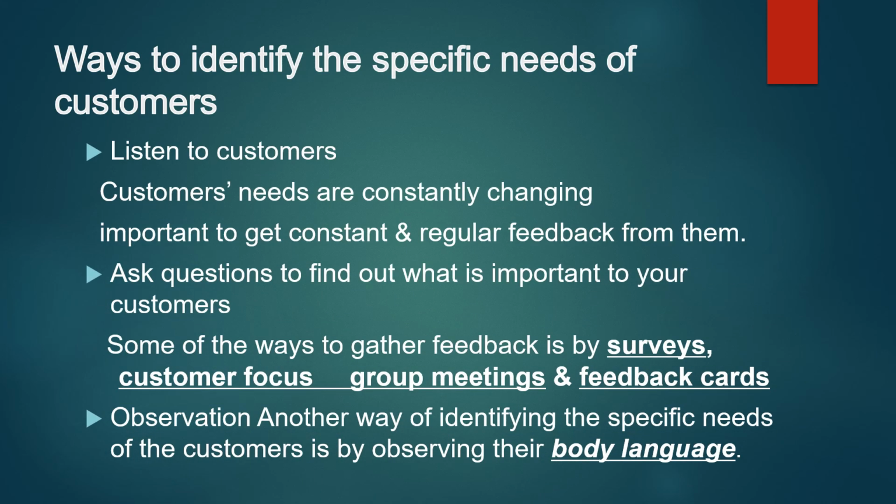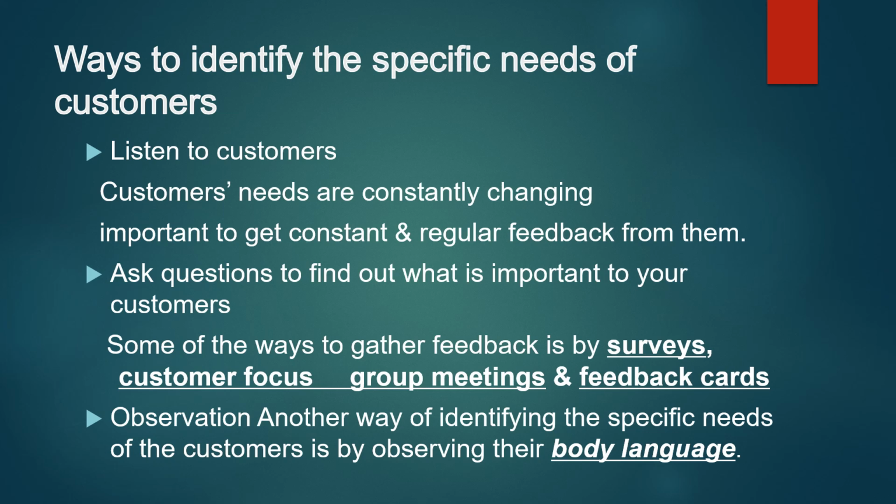Now we are going to discuss ways to identify the specific needs of customers. So here are the ways. Listen to customers. Customers' needs are constantly changing. Hence, it is important to get constant and regular feedback from them. Ask questions to find out what is important to your customers.